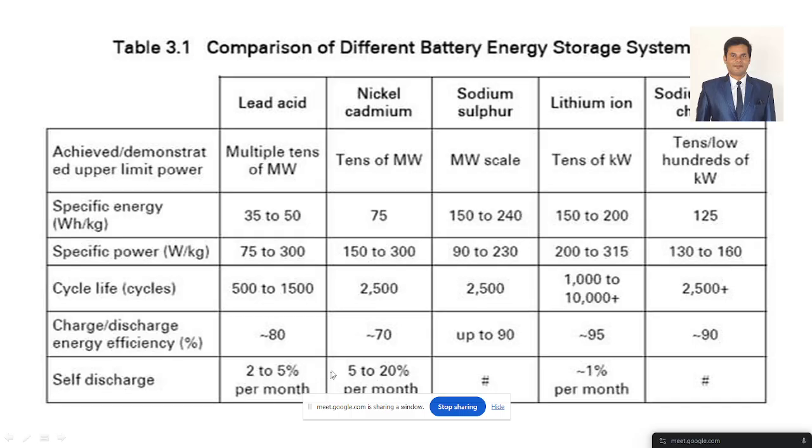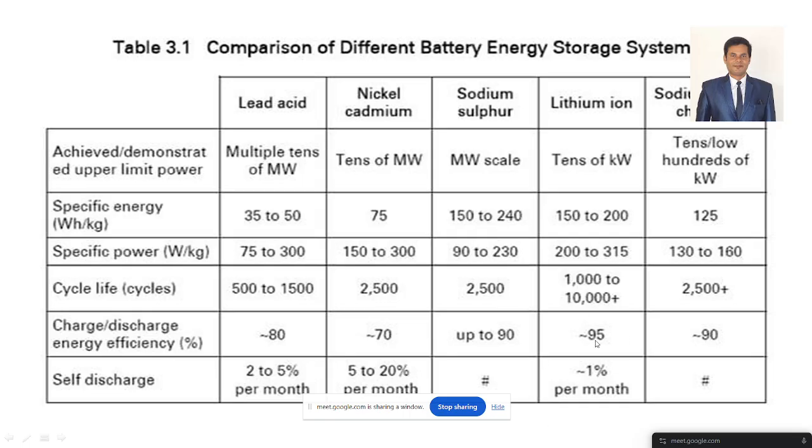Self discharge, right? These are in terms of percentage per month. For sodium sulfur we don't have any self discharge, whereas lithium will have 1%, that is, it is going to be discharged by itself only, right? And just like your ultra capacitors, the percentage is very low when you compare. So for lithium-ion batteries it is almost 1% per month.